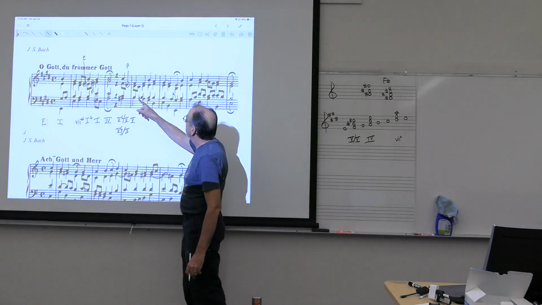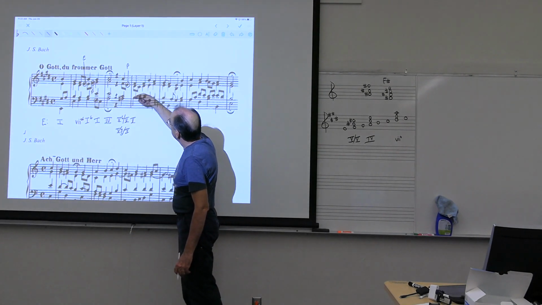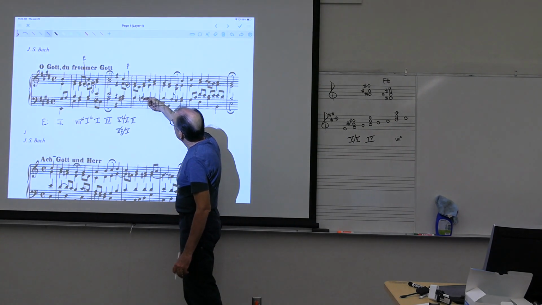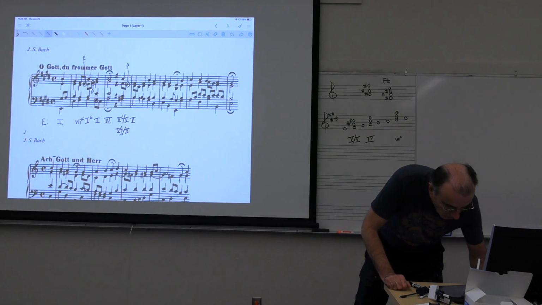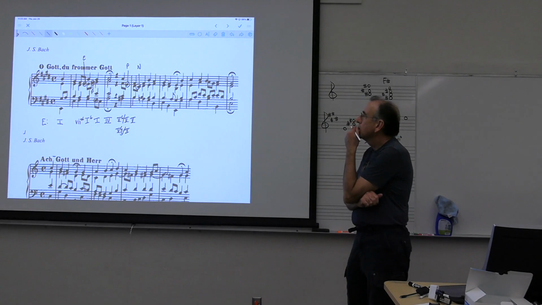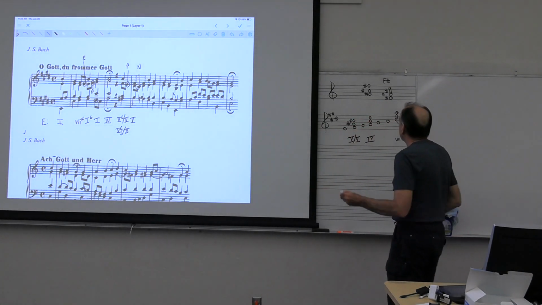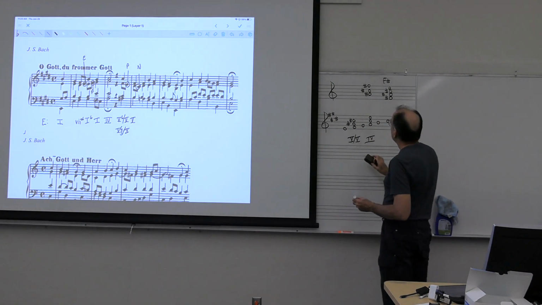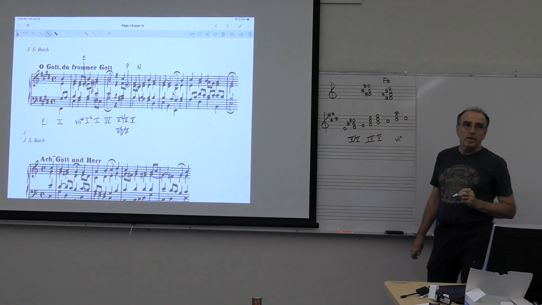So now we have a B major triad here. What happens here when we get the A natural in there? And I'm just going to say that this C sharp is a neighbor tone. Well, see, this is V, right?